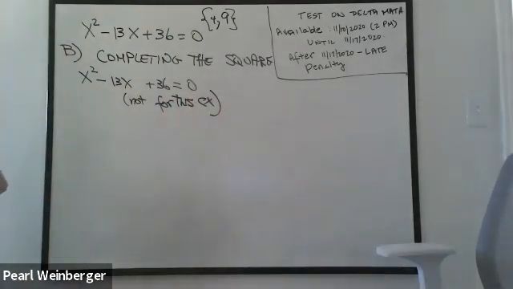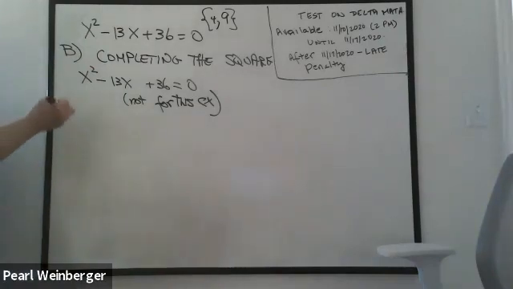Under duress, if I made you, you could, but you'd be floundering with fractions and decimals, and it would be very difficult. So let's not use this method. I'm going to come back to an example where we can use the completing the square method. So the third method that we could use is called the quadratic formula.